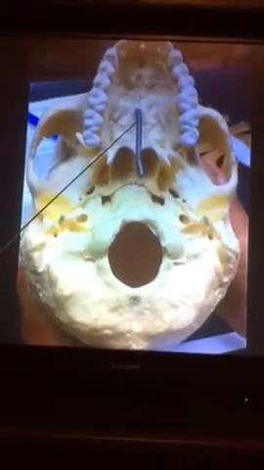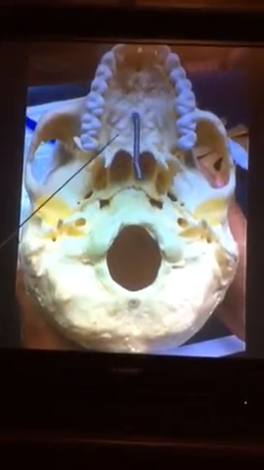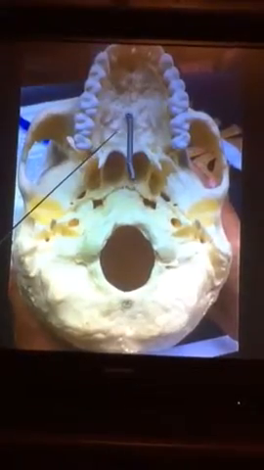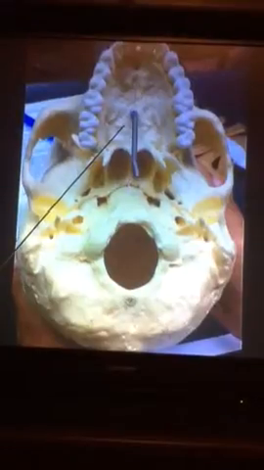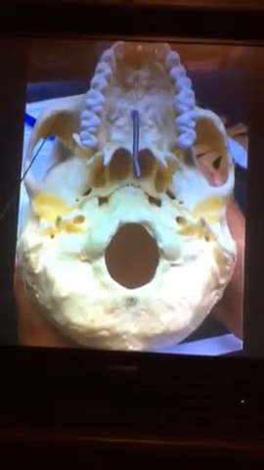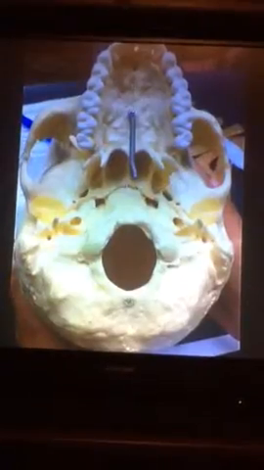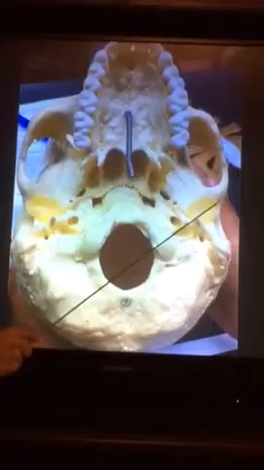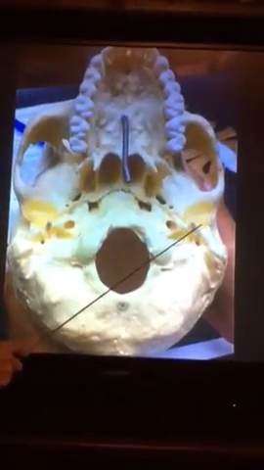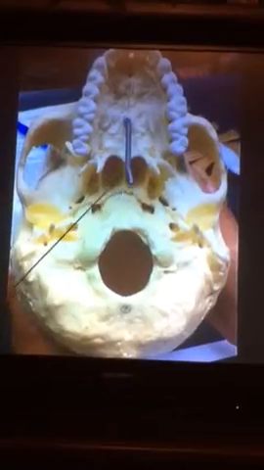Below that, you find a small area, and that is the palatine bone. Zygomatic bone once again. These areas right below it are the zygomatic process of the temporal bone. The vomer found right around this area.